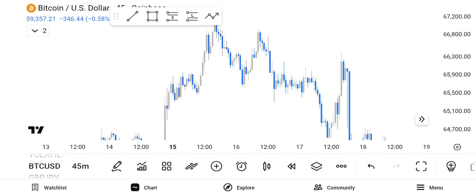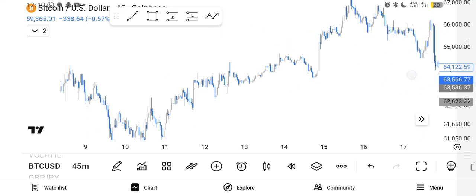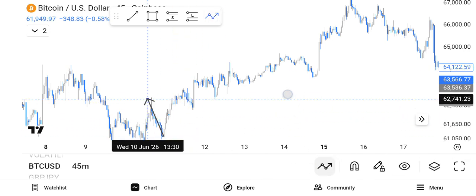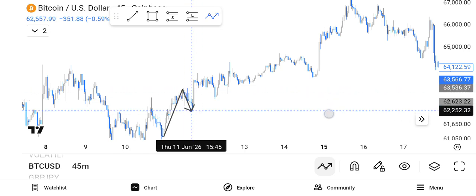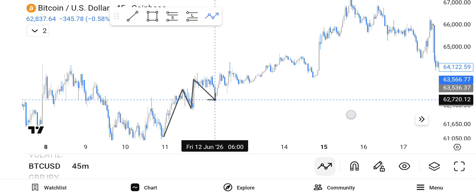Now, if we look at this closely, the market has been in an uptrend. We have higher lows, break this, higher high, a low, break this, a higher high, a low. It didn't take out this low, so we are still in an uptrend.